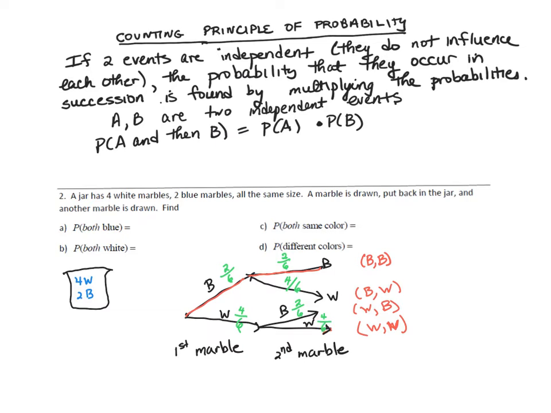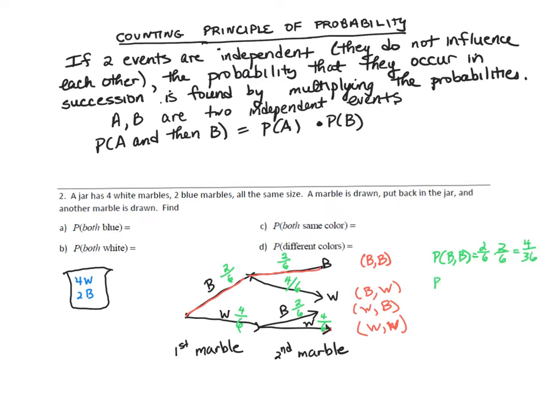So if we wanted the probabilities of each of these outcomes, I'll put another little column here. So the probability that both marbles will be blue is 2/6 times 2/6, which gives us 4 out of 36.